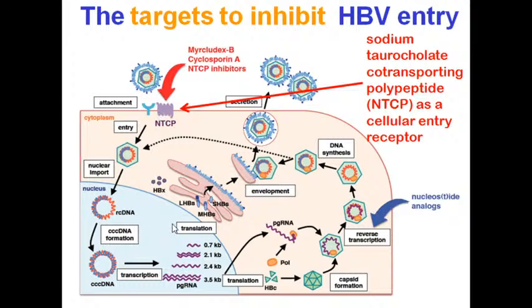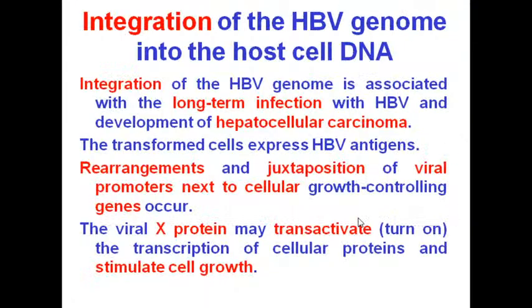It doesn't work 100%. And also we can have the nucleoside or nucleotide analogs that can inhibit the activity of the reverse transcriptase. But this drug unfortunately doesn't give very good results in treatment, but this is at least something that can be used in therapy of the hepatitis B infection.